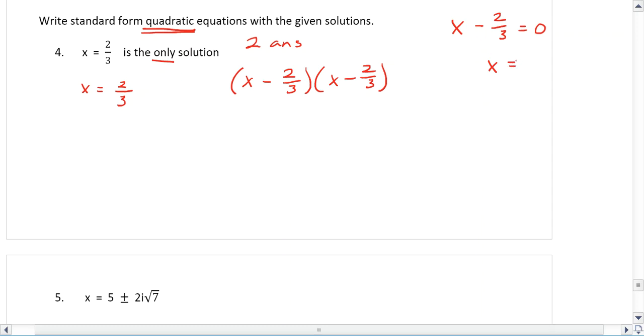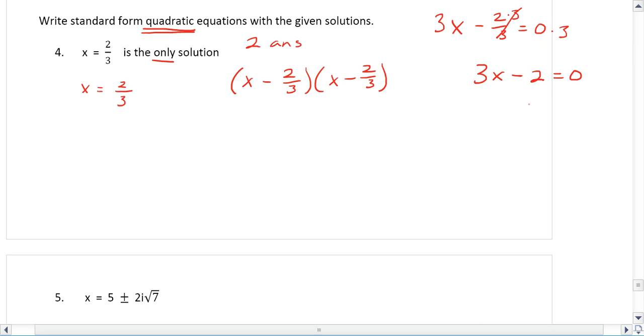No, that's not what I want to do. I want to multiply everything by 3 and get rid of the fraction. Sorry. So I'm going to multiply this by 3, and this by 3, and this by 3. So then I get 3x, 3 divided by 3 is 1, 3x minus 2 equals 0.